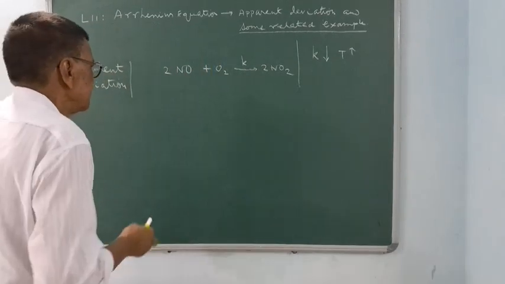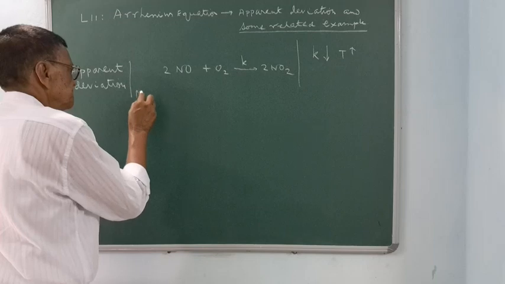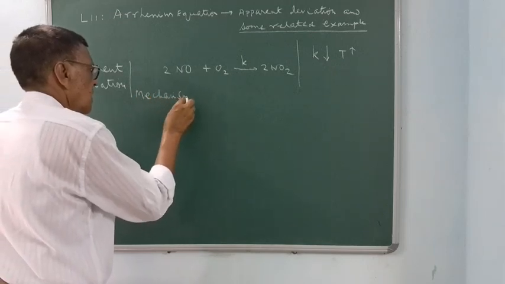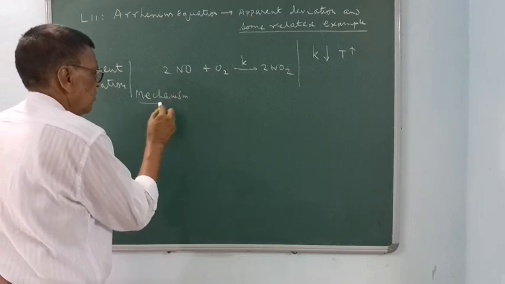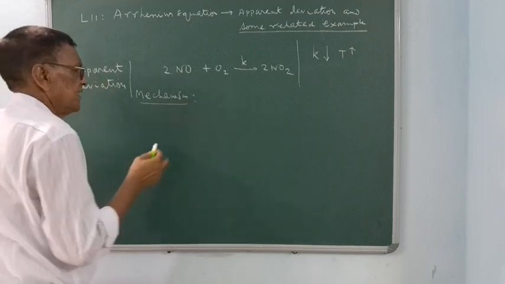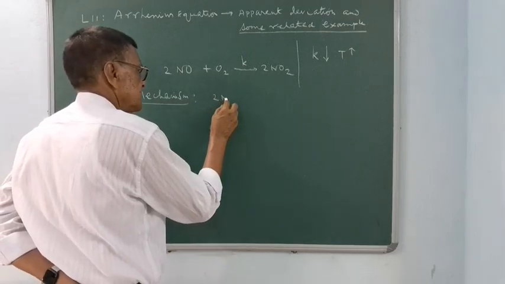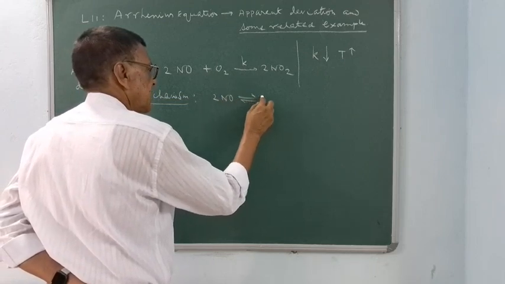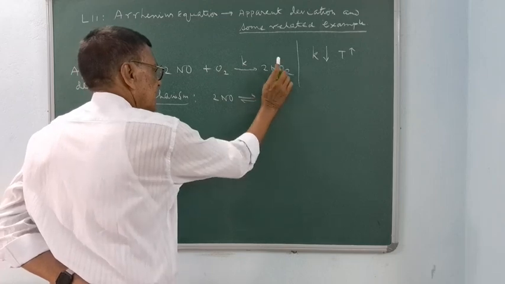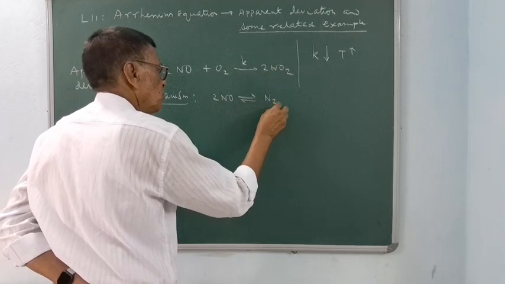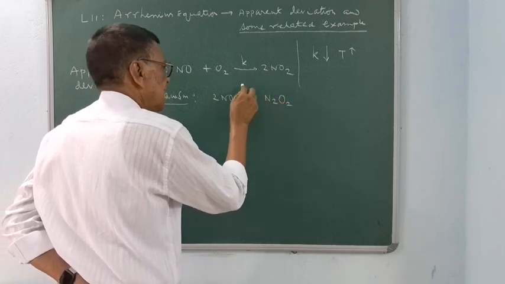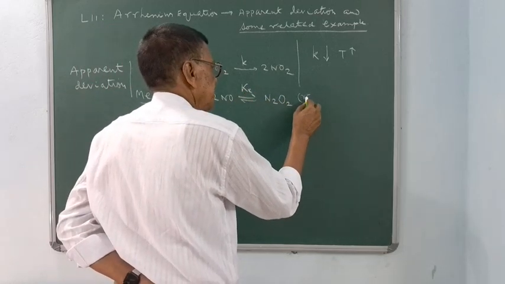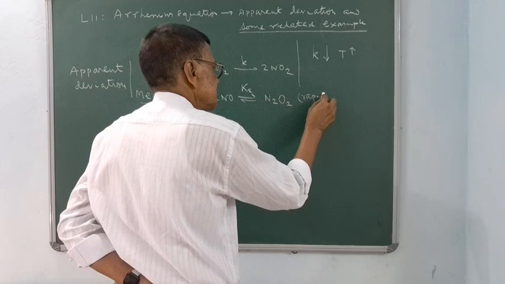The mechanism of this reaction is that 2NO in reversible equilibrium with N2O2, with equilibrium constant Ke, and this rapid equilibrium is settled.